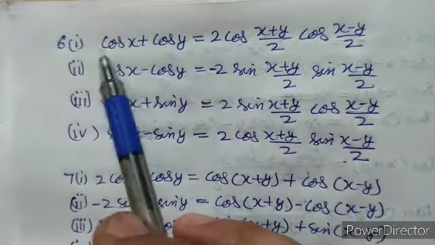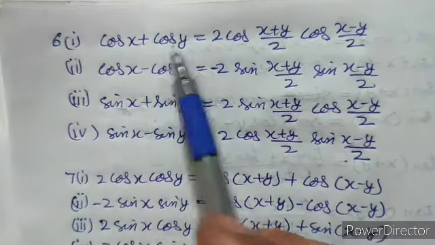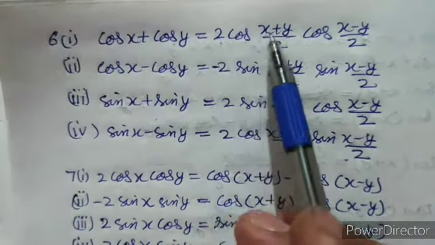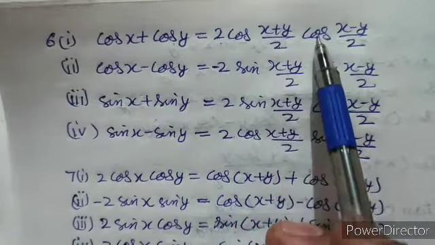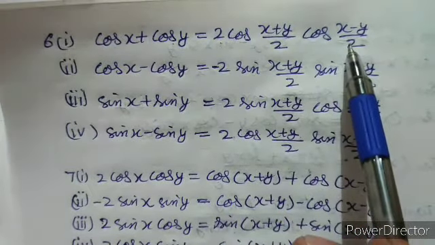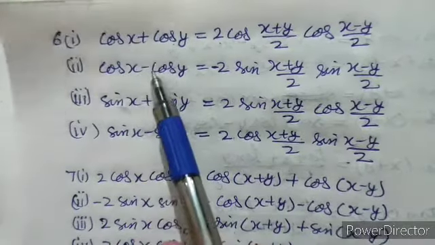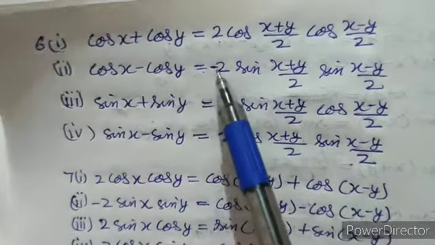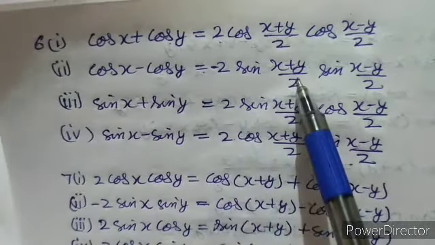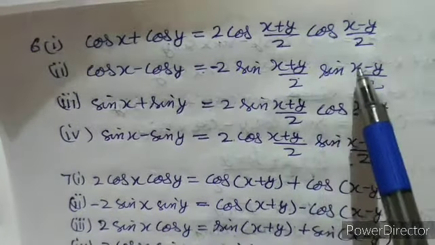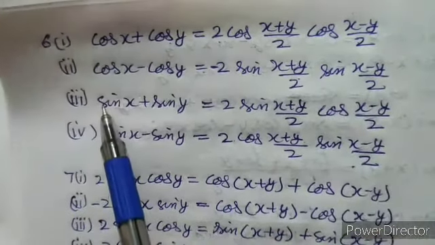Now cos x plus cos y can be written as 2 cos x plus y upon 2 cos x minus y upon 2. Similarly, cos x minus cos y can be written as minus 2 sin x plus y upon 2 sin x minus y upon 2.